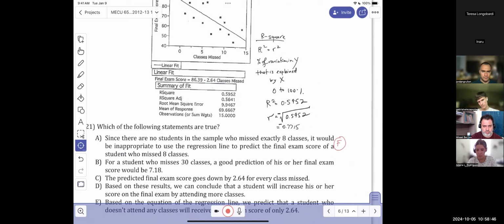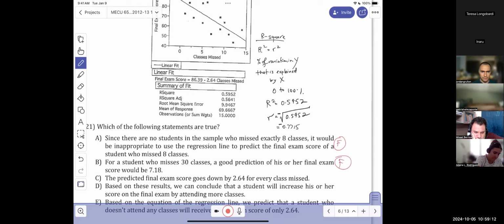Because we could put 30 in here and calculate, and they get 7.18. They just plugged it in and got this number, but you can't do that for a value of 30. It's way out of the range of the data. It's not a good idea. So I'm going to say false.